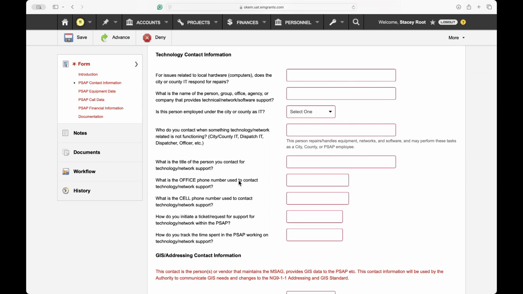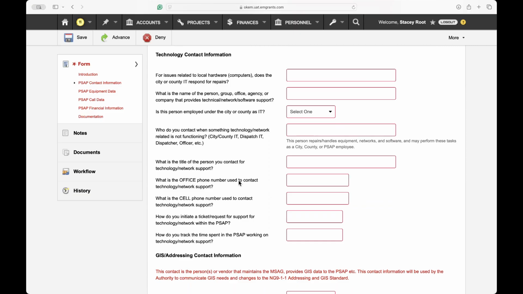I would say that this would be your local internal IT, for any equipment that may be attached to 911. We don't ask specifically, because obviously, you guys right now would contact AT&T if it was a 911 specific outage, I'm assuming. But what about the other technology there?